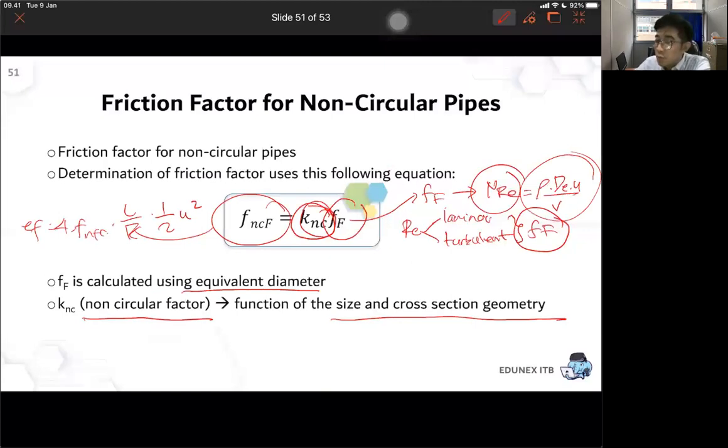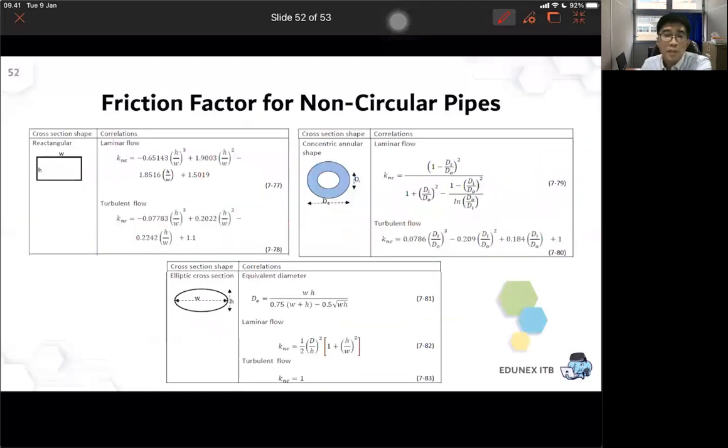How much is the value of the non-circular factor? It will depend on the size and the cross-section of the geometry. So for example, if you have a rectangular cross-section, then for laminar flow, you will have this equation. It will be a function of height and width. For turbulent flow, it is also a function of the height and the width. This gives you the constant, the ratio.